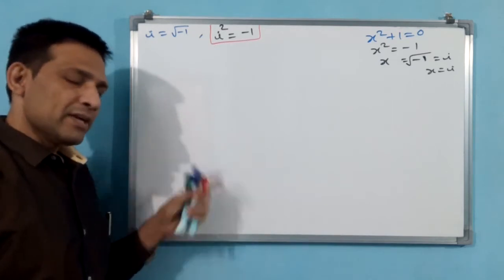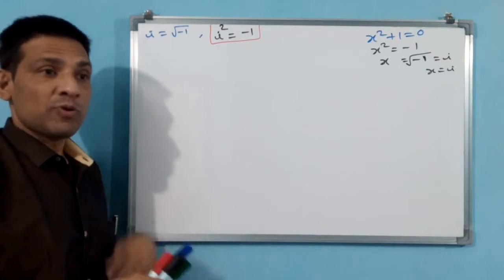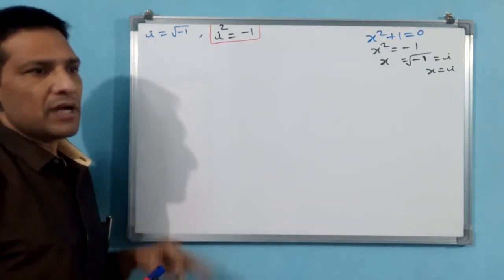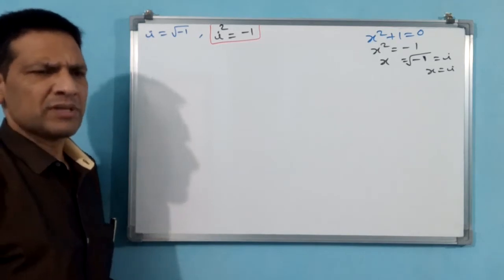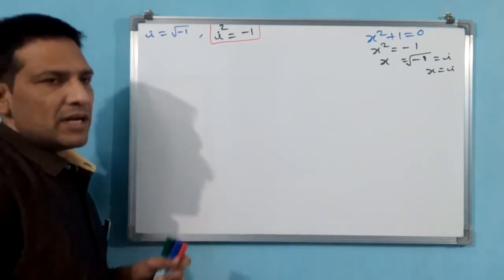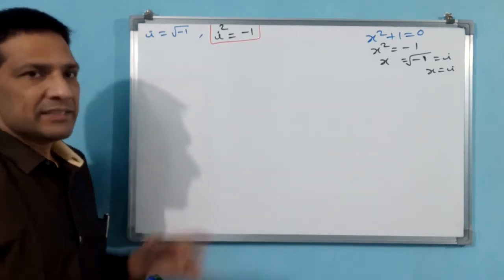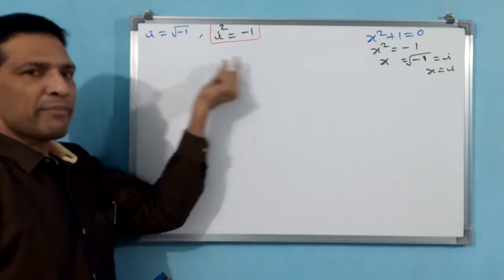i is equal to square root of minus 1, we know. i square, i cube, i to the power of 4, i to the power of 256, i to the power of 35 also may come in examination for objective type questions or whatever it may be. At that time, how to split and bring that into a small value, either i value or 1 value or minus i value or minus 1 value.